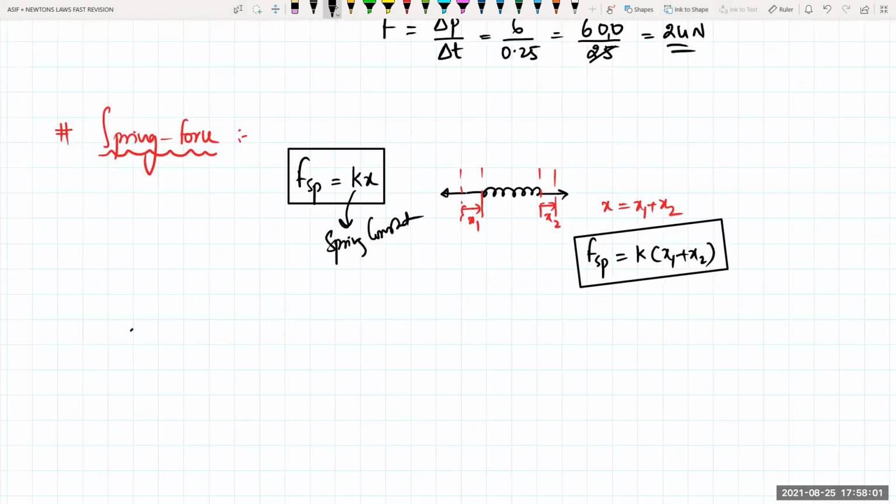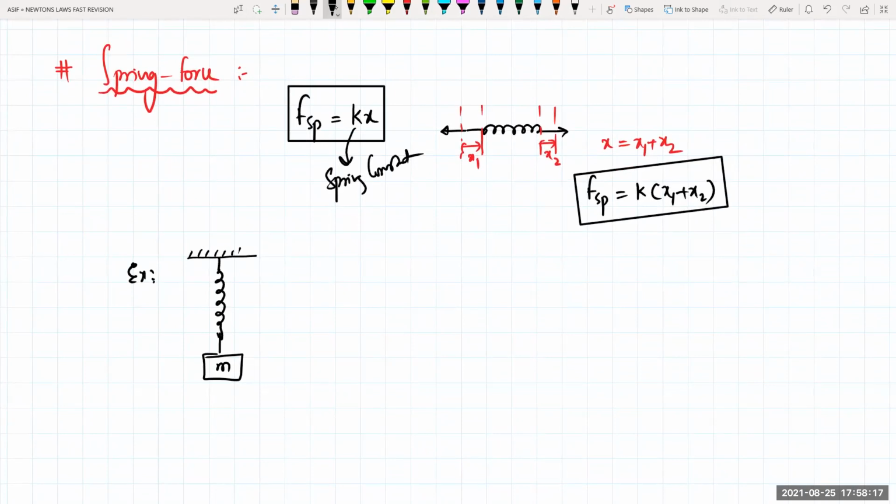Let's see some examples. Say we have a spring attached to a block of mass M. In equilibrium, what will be the extension? Without the mass the spring was not extended, but the moment you attach the mass, the spring extends.